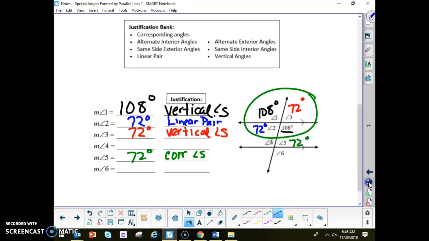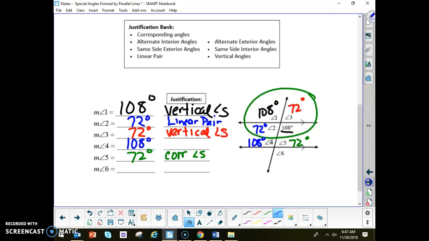Angle 4 is also corresponding to angle 1. It is also a linear pair to angle 5. It is also a same side interior angle, which makes it supplementary to angle 2. Any of these will work. Angle 4 is 108 degrees.